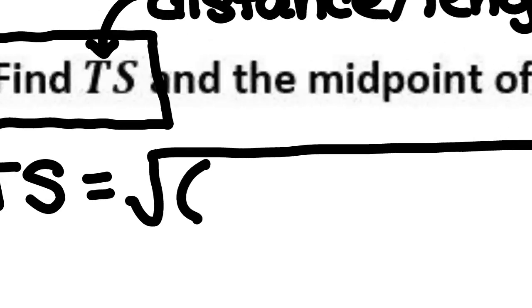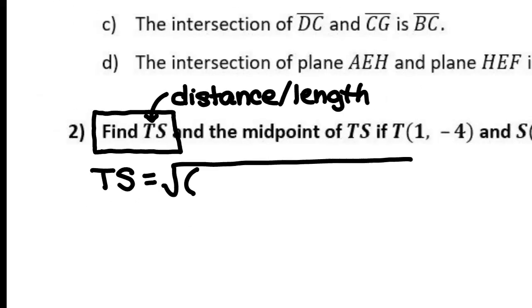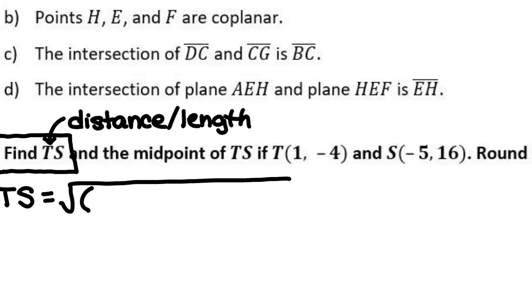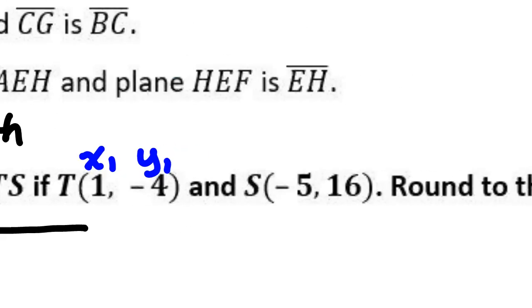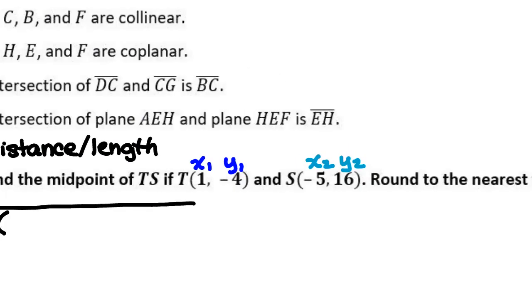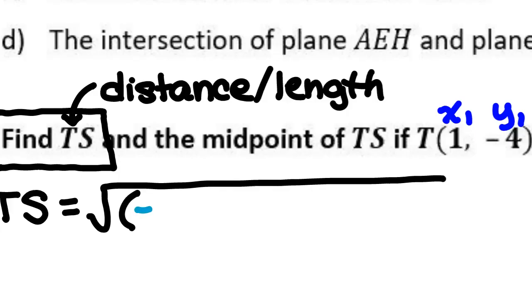All right. With our distance formula, we do x2 minus x1. So I'm going to let point T be my x1, y1, and I'm going to let point S be my x2, y2. y2 minus y1 would be negative 5 minus 1. Close the parentheses and square it.